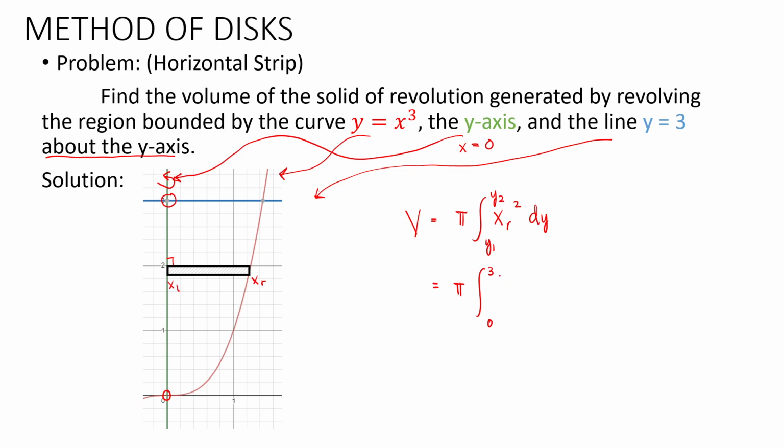Then x right is y equals x cubed, and we should convert it in terms of x equals y something. So x equals cube root of y.